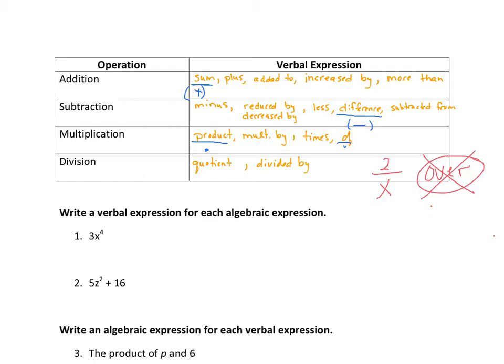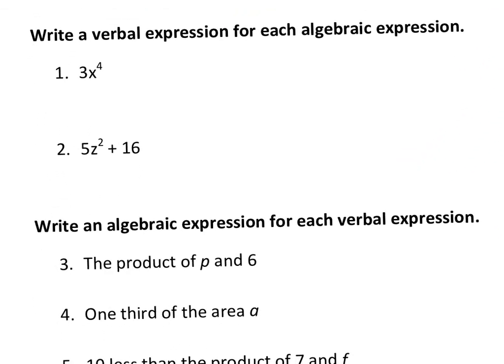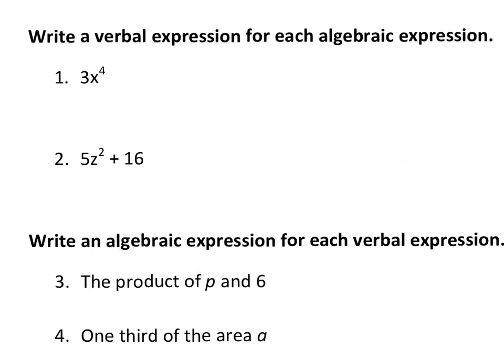Now on the next part, it says write a verbal expression for each algebraic. So write words for the algebraic. This is the algebraic, and we're going to put this into words. There are going to be lots of answers that are correct on these, so what you have may not be what the person sitting next to you will have, and that's okay. Let's zoom in a little bit.